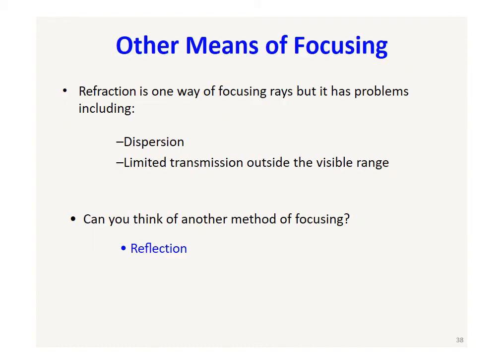So we do need to look at one other really important way of focusing light. Now, refraction has its drawbacks. One is chromatic dispersion. That is, the focal length of a lens at one wavelength is going to not be the same as the focal length at another wavelength, because those wavelengths see different refractive indices of light.